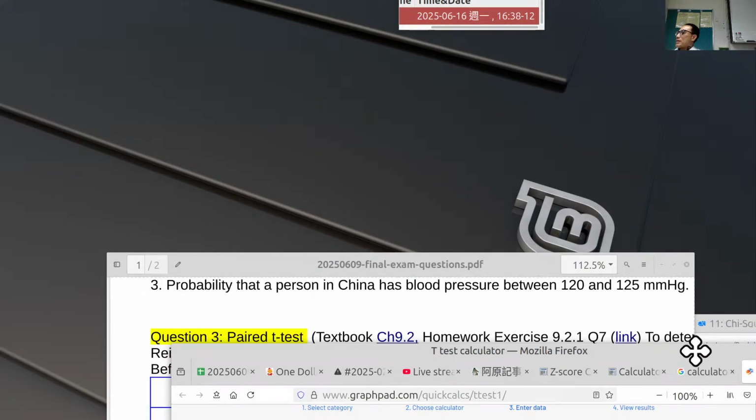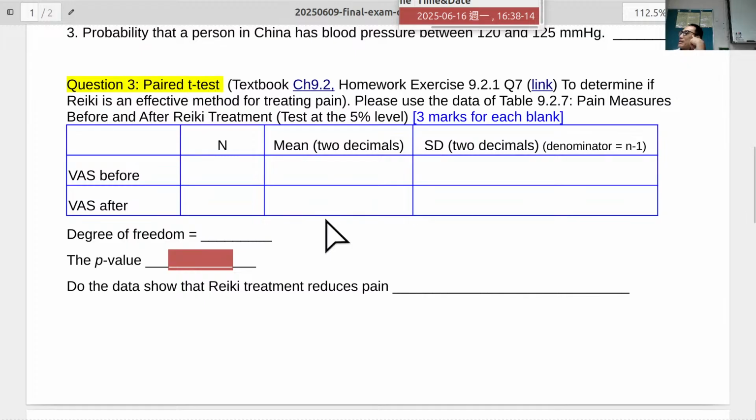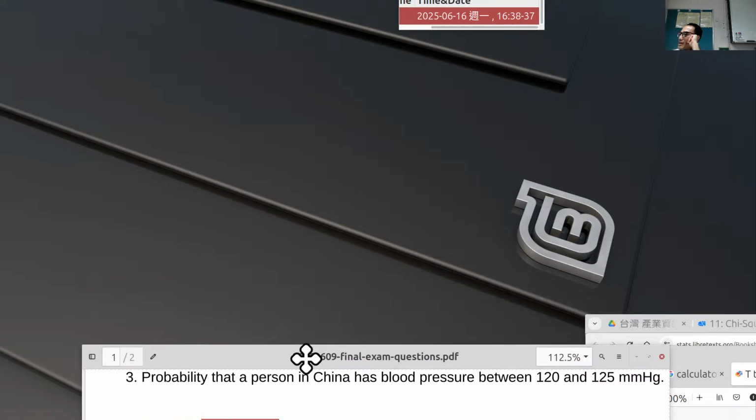Now remember, the question here is a paired t-test. What does paired mean? Before the treatment, after the treatment, the scientists want to understand whether Reiki can effectively release the pain. So for one patient, after the treatment, they can compare the difference. That's using a paired t-test.